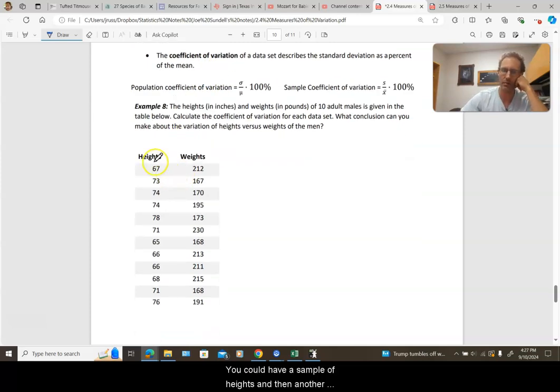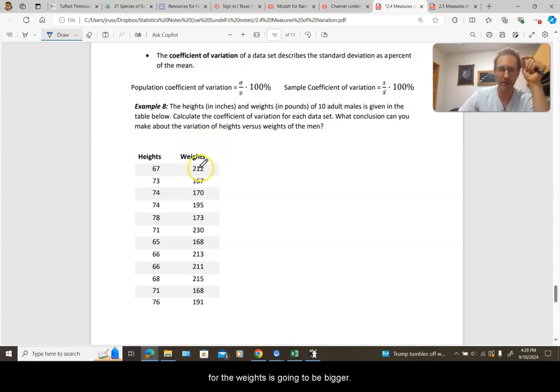You could have a sample of heights and then another sample of the corresponding weights of these individuals. You could find the mean and the standard deviation of each of these data sets, and I would be willing to bet that the standard deviation for the weights is going to be bigger.